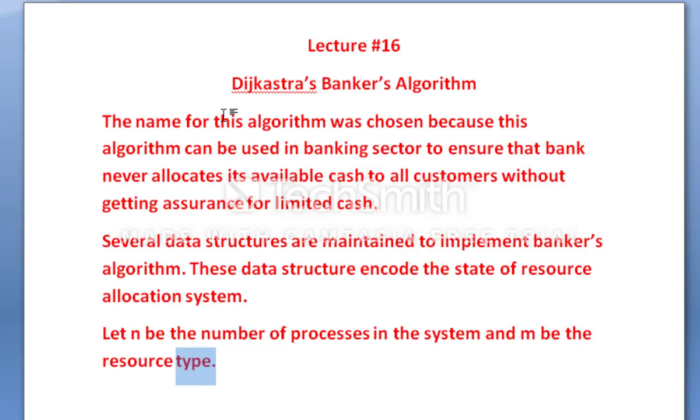Suppose printing is one type of resource, we can have instances of printers. If we indicate the printer by P, then we can have resource instances P1, P2, P3, and so on. Printer 1, printer 2, printer 3, right?